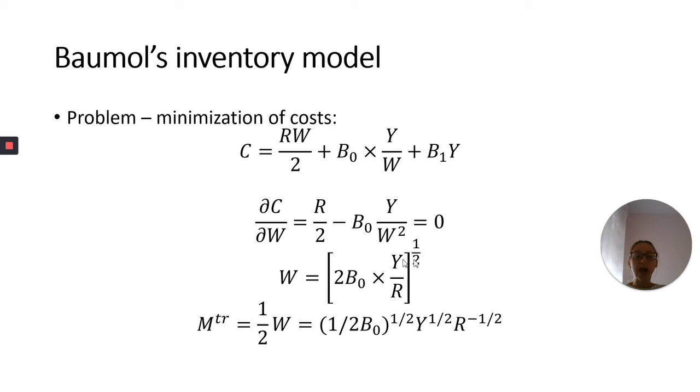So out of that, we can write the transactions demand for money function, which would have the form of a Cobb-Douglas function. So we have factors which affect the transactions demand for money, and we have their elasticities or effects, which say that the transactions demand for money depends on the fixed brokerage costs, on income and interest rate.